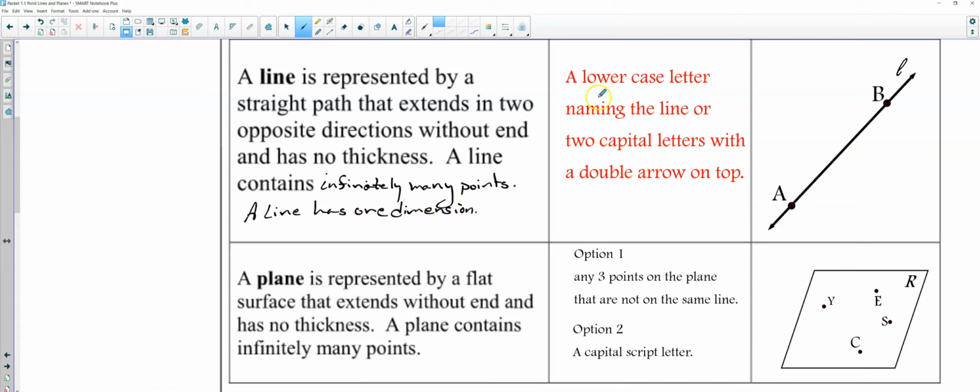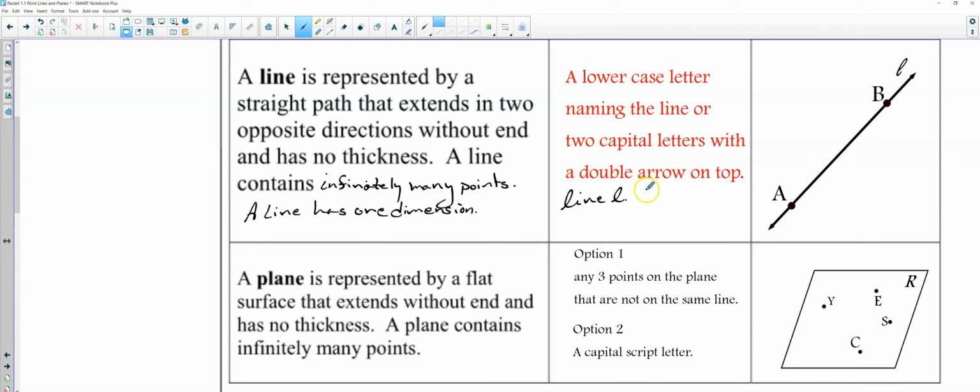Okay, it is named by a lowercase letter. Like, for example, look at this line right here. Notice this lowercase letter, it's italicized. In this case, we could name this line l, line l. That's one way to name this line. However, it could also be named by two capital letters with a double arrow on top.